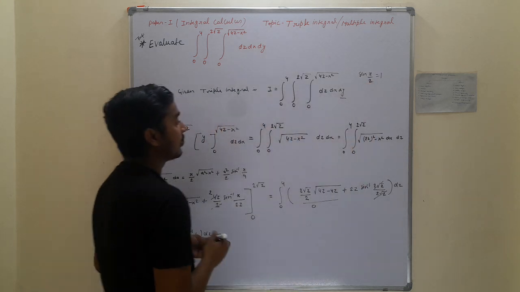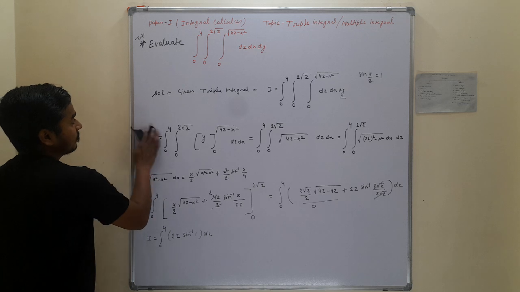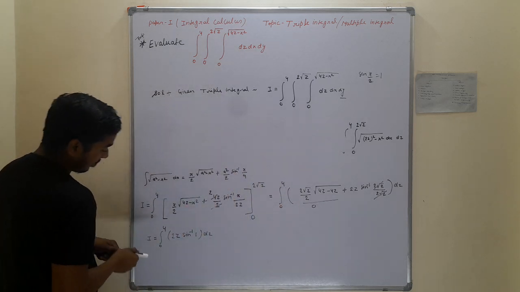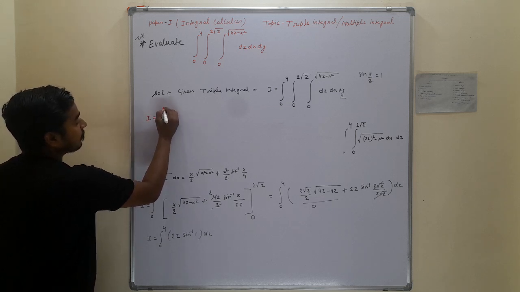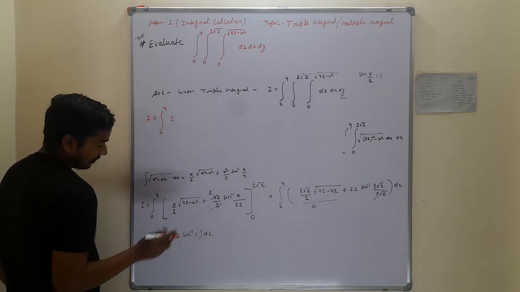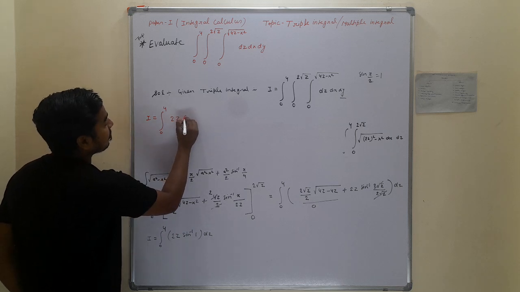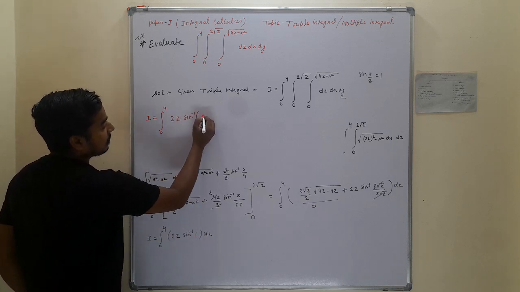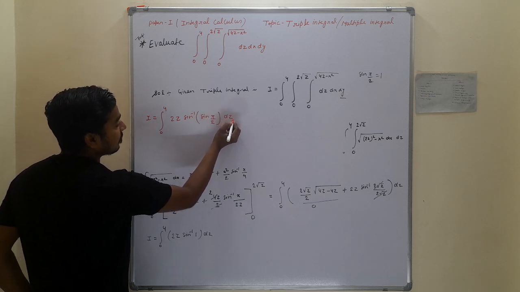So we write once again integral I equals the integral with limit 0 to 4, 2z taken outside, and in place of sine inverse of 1 we put pi by 2, with dz.